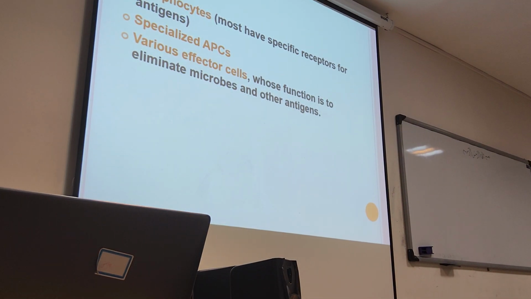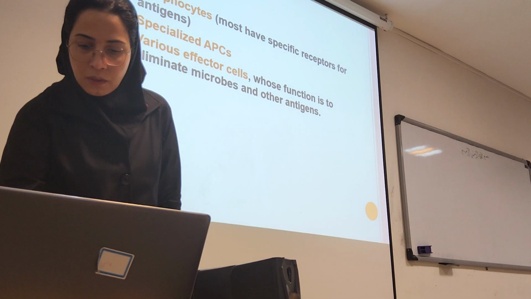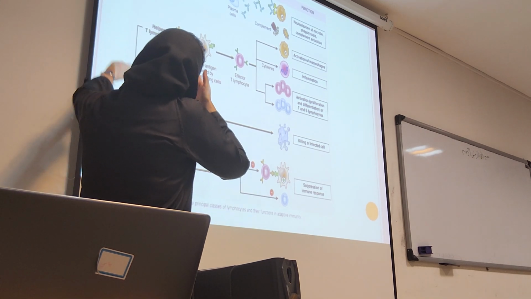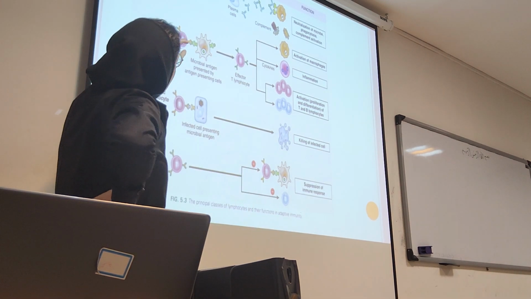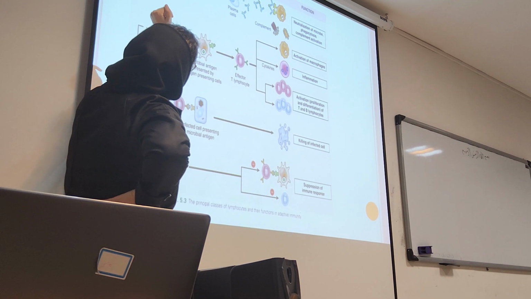We have lymphocytes and we have some APCs, antigen presenting cells, whose job is to capture the antigen, process it, and present the antigen to different lymphocytes in this system. Okay, here you see an overview of adaptive immunity. What do you see there?